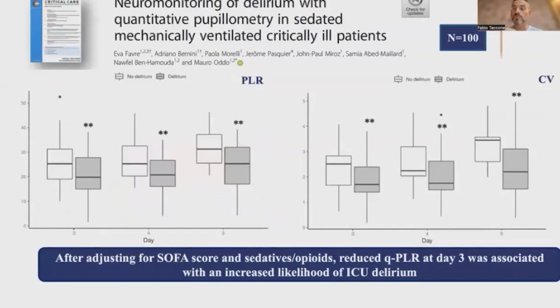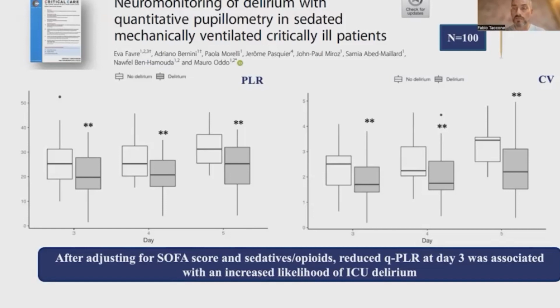And the last point is that because there is an interconnection between the cholinergic pathways controlling pupillary function and those who are also associated with the occurrence of delirium in critically ill patients, there is a very elegant paper from Switzerland showing that the alteration in pupillary light reflex at day 3 was independently associated with an increased likelihood of ICU delirium.